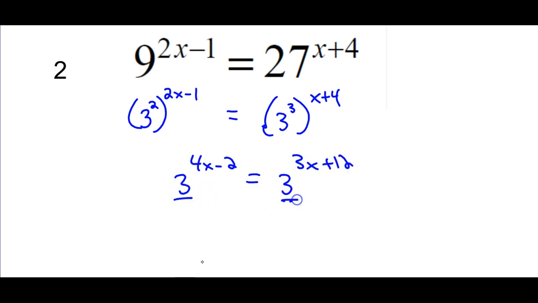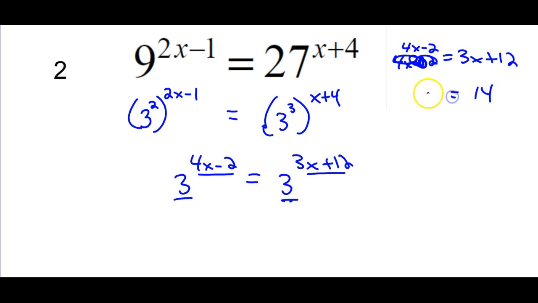Since the bases are the same, I can set the exponents equal. And I'm going to get 4x minus 12 is equal to 3x plus 12. Not minus 12, minus 2. And then add 2 to both sides, subtract 3x, you get x equals 14.